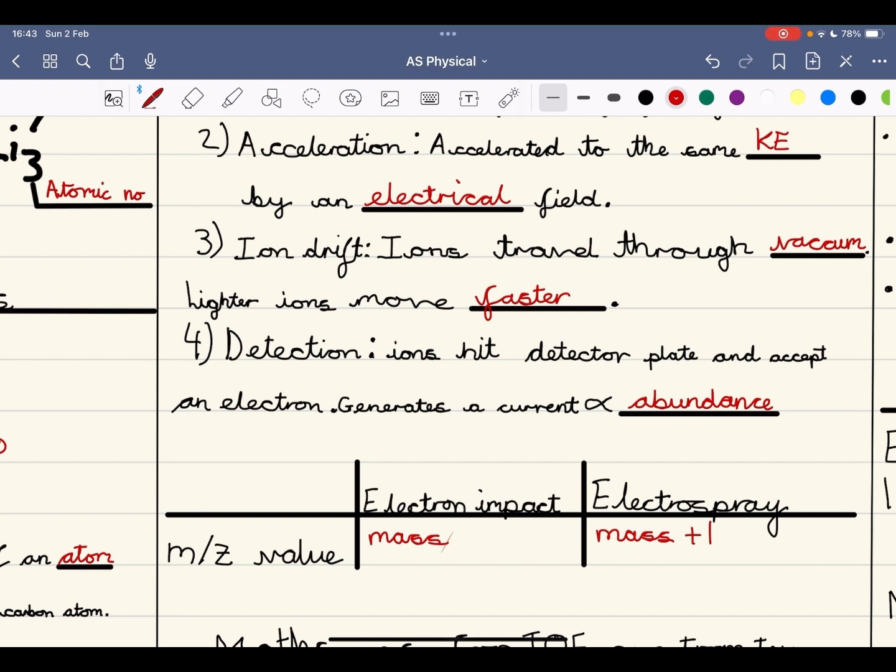However, also, if you use electron impact ionization, sometimes you can knock off 2 electrons by accident, and then you're doing your mass divided by your charge. So your charge is now 2, so it's mass divided by 2. So another m/z value can be mass divided by 2 if you knock off 2 electrons. Okay, most of the time it will just be mass.